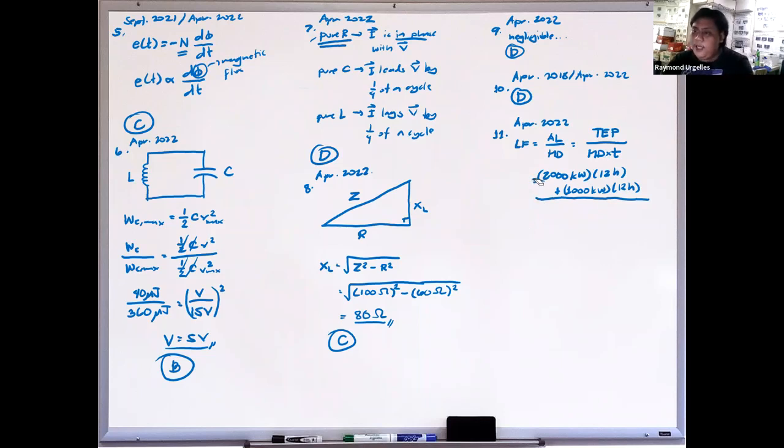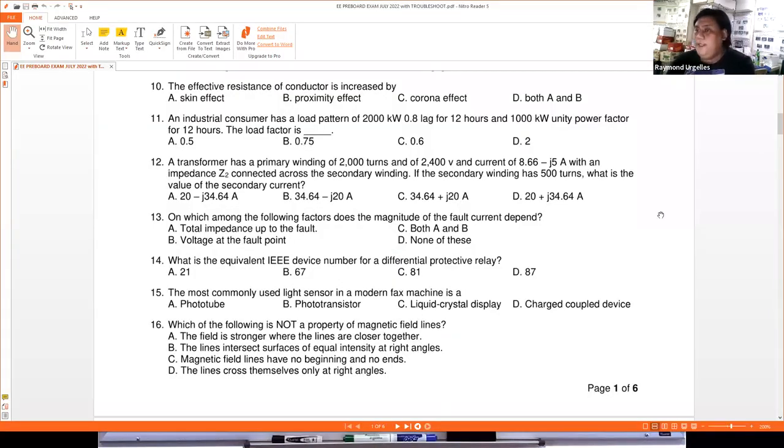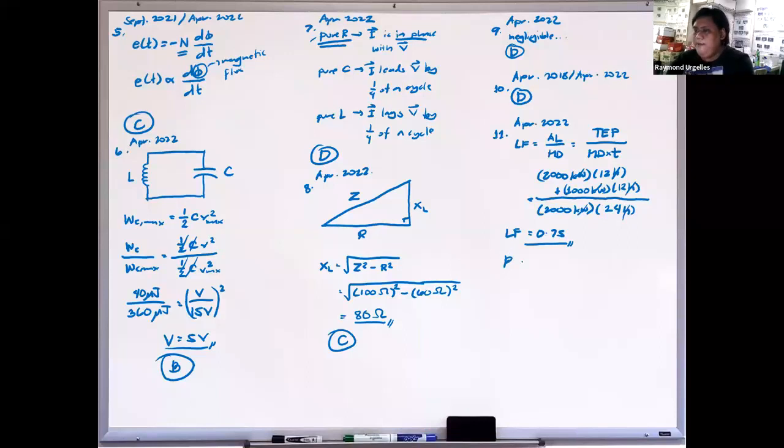Between 2,000 and 1,000, we choose the larger, which is 2,000 kilowatts, multiplied by 24 hours, since only the daily load factor is given. Solving this, you will get 0.75. If the choices are in percent, just multiply by 100, but here they are not. So we have 0.75, which is letter B. Okay, next, number 12.